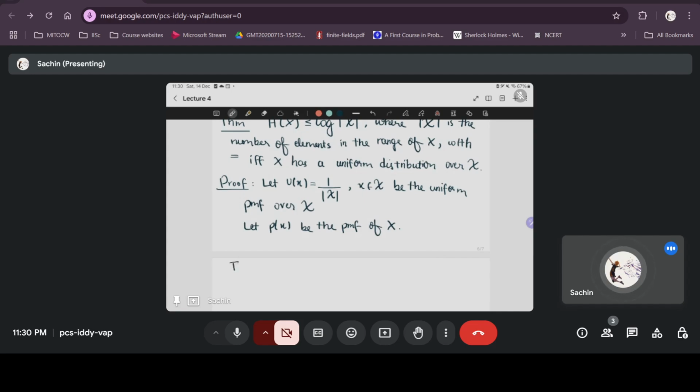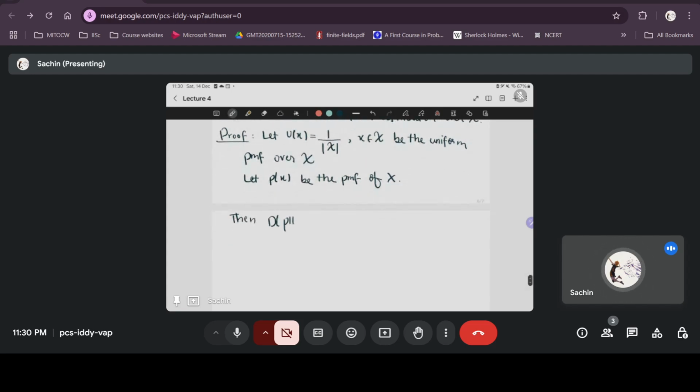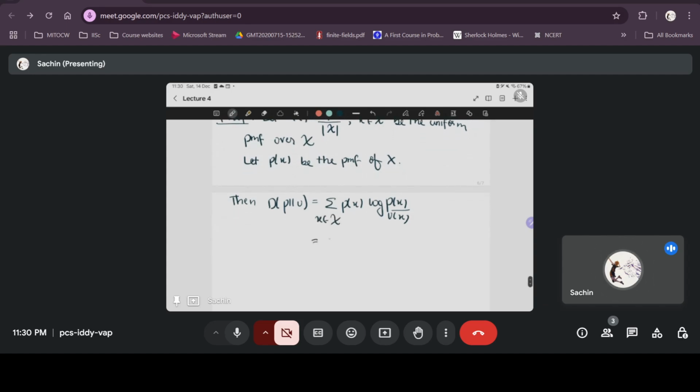Then we'll take the relative entropy between p and u, d of p relative to u, which is the quantity summation p of x log of p of x over u of x, x in script x, which is nothing but p of x log p of x minus summation p of x log 1 over u of x.